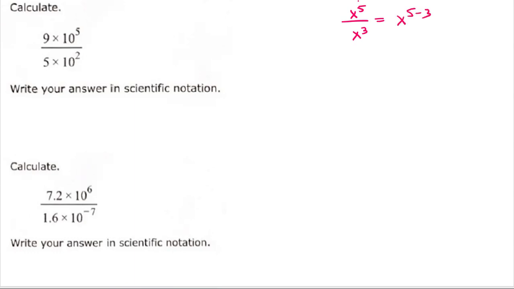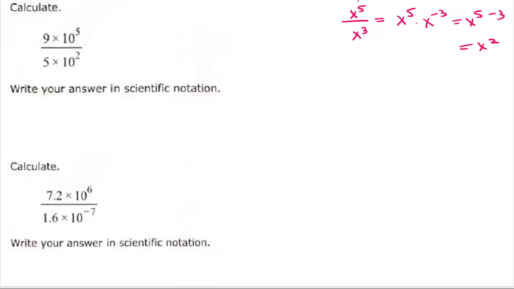So it'll be 5 minus 3. Technically, it should be x to the 5th times x to the negative 3, and I write 5 minus 3, which gives us x squared. So that's what I would do here.